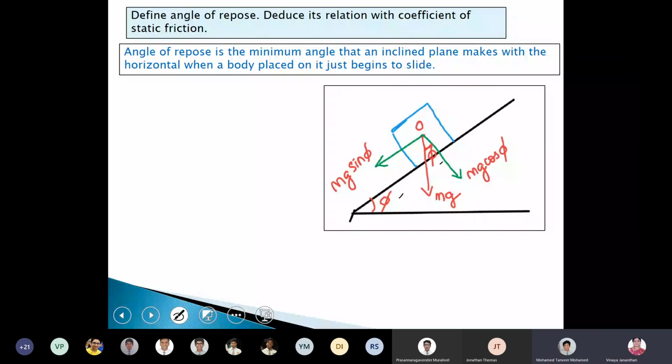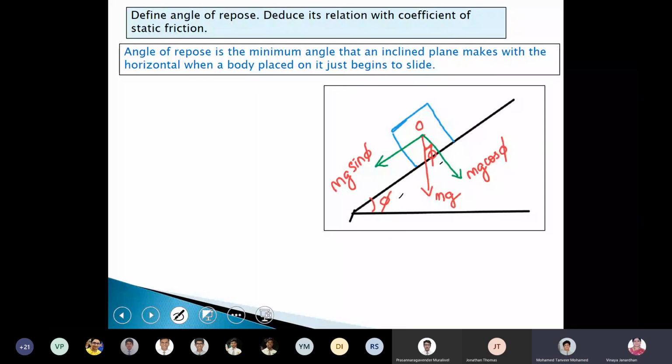Now tell me where the frictional force should be acting. Where should I draw the normal reaction? There should be a normal reaction because the block is exerting a force on the inclined plane, and the inclined plane will exert a force on the block.